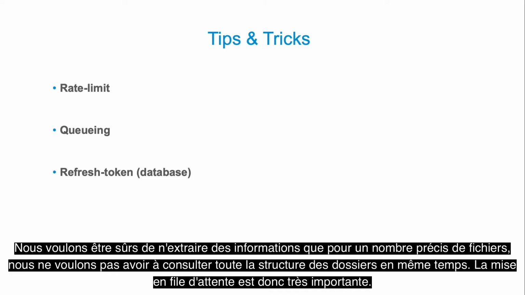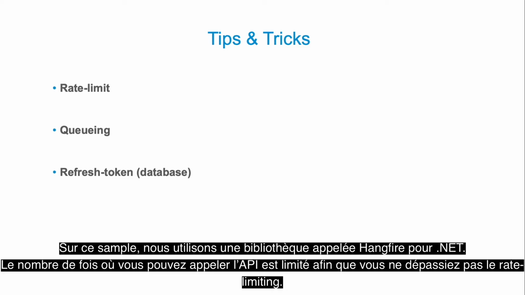And we don't want to look at the entire folder structure at once. So queuing is very important, and on this sample we use a library called Hangfire for .NET, and to make sure that we're not running over the rate limit, we have a limit on how many times you can call the API.